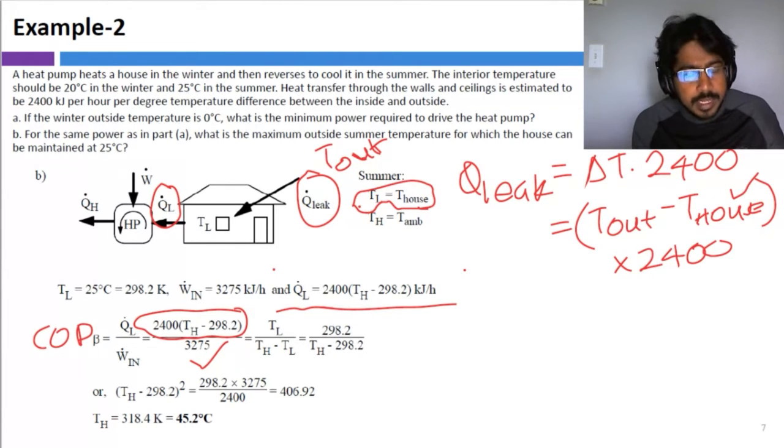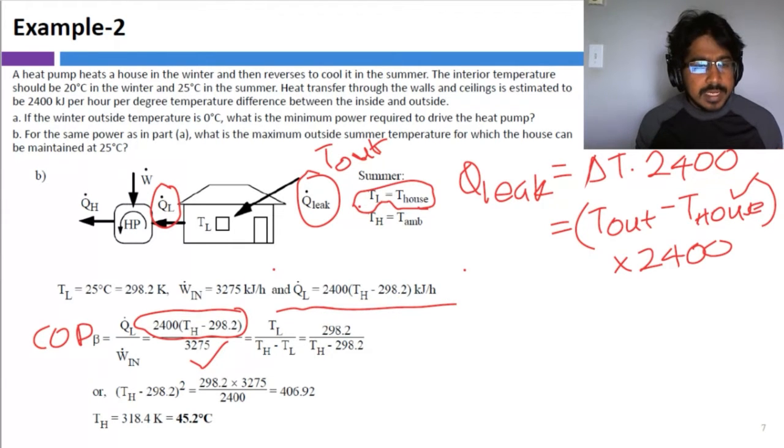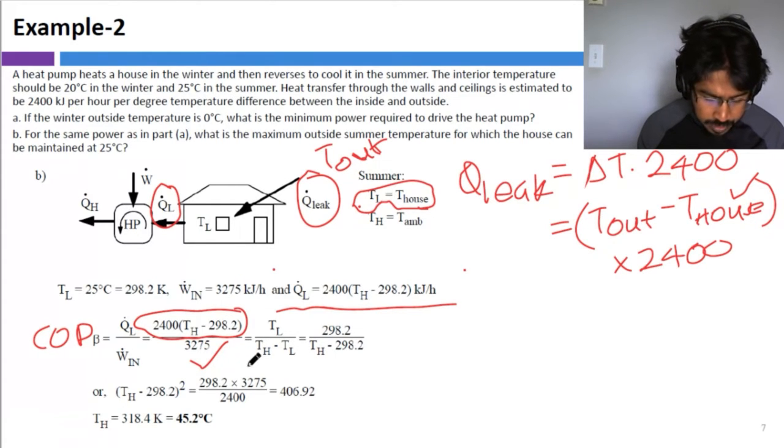Even in a hotter summer day, we can maintain our 25 Celsius temperature, right? Therefore, the maximum temperature difference can be catered using the given work input only if we use the Carnot heat engine, right? And when it comes, Carnot heat pump, sorry.